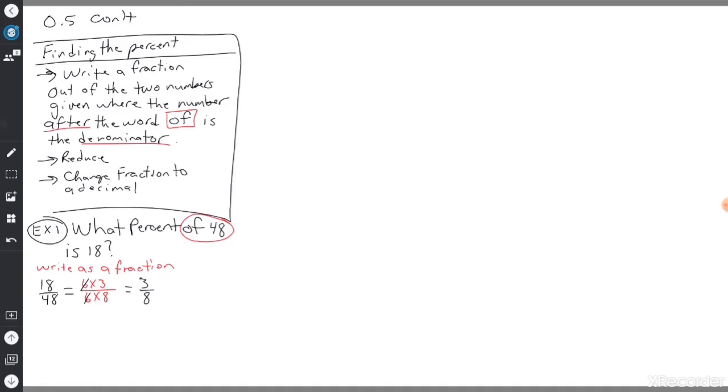Now the next rule tells us to change the fraction to a decimal. So we can do that by long division. So we're going to change this fraction to a decimal.